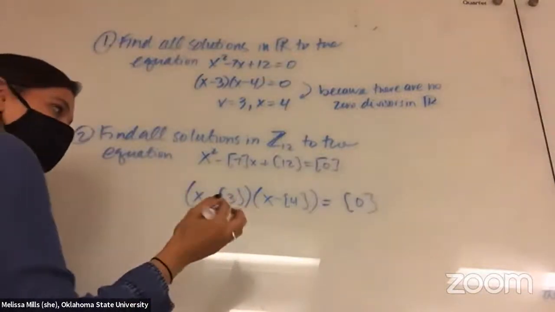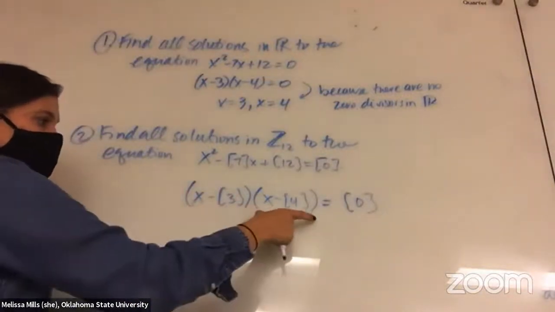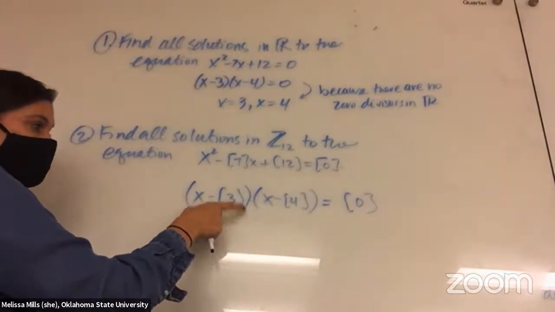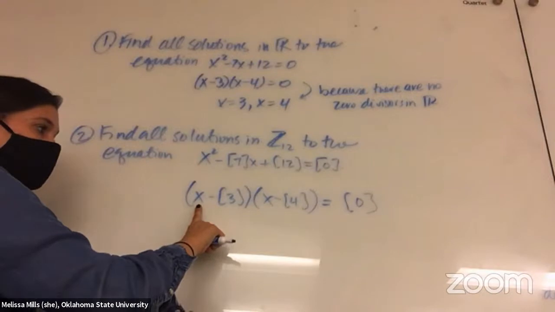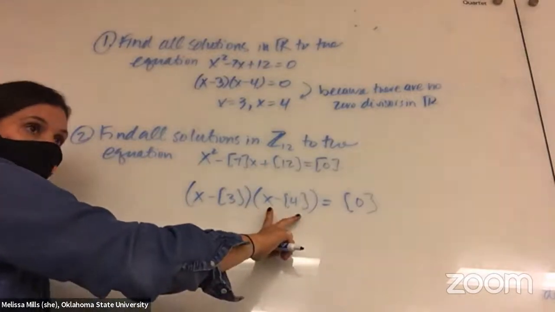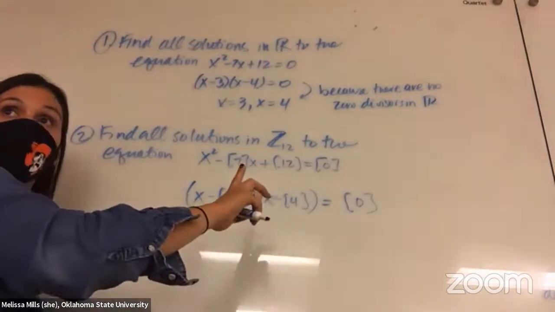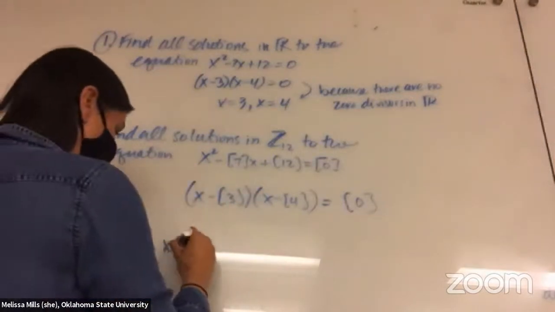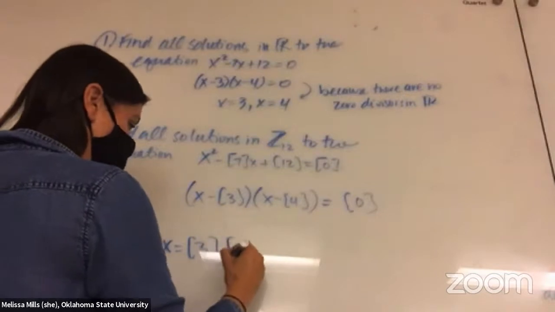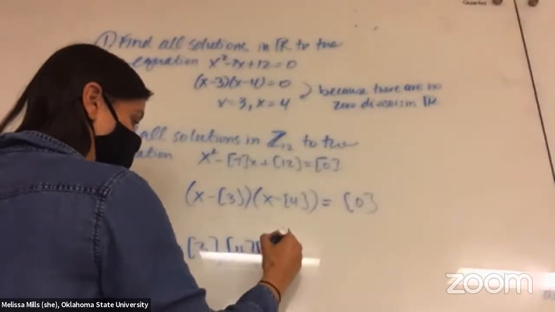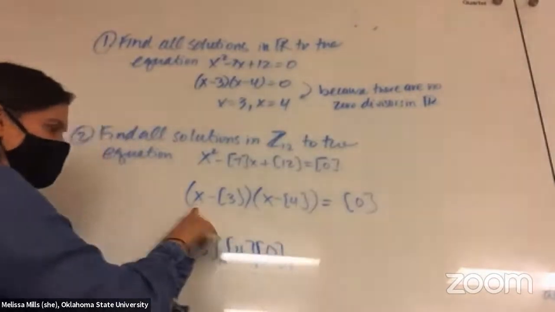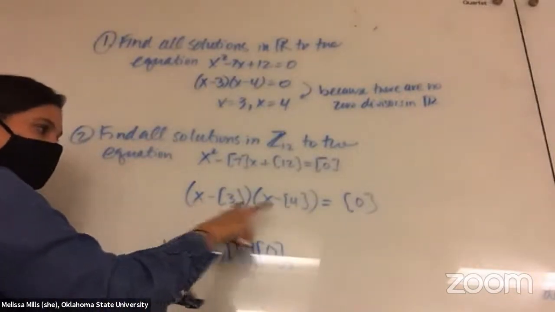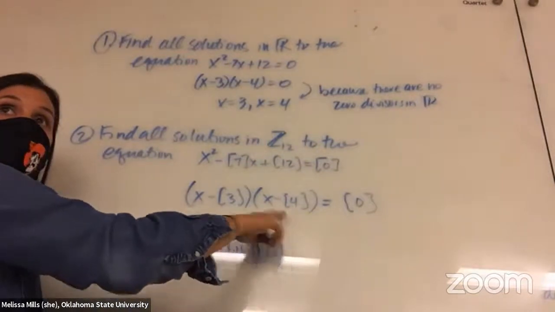If this is equal to 0, I have negative 3 times negative 4, which gives me positive 12, which is 0 in Z mod 12. So we get x equals 3, x equals 4, x equals 0, and then the other one was 7. If I plug in x equals 7, I get 4 and 3, and 4 times 3 is 12.